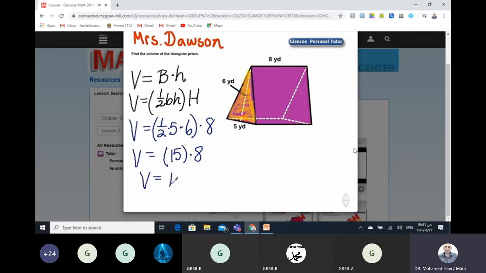So the volume is 120. Because we have a height in yards, a height of the triangle in yards and a base of the triangle in yards, our units will be cubic yards. The volume of this particular triangular prism is 120 cubic yards.